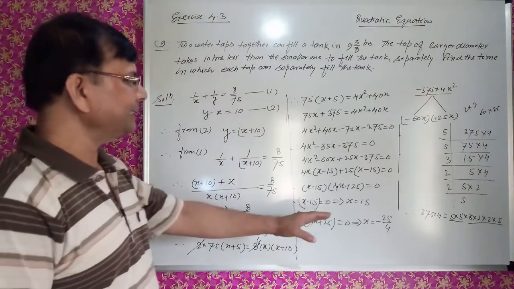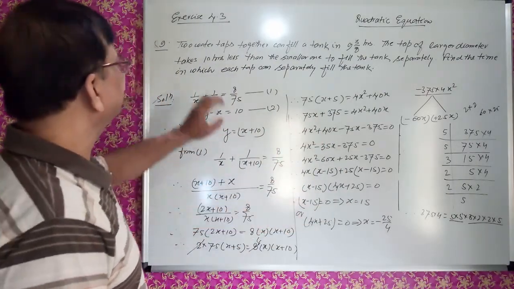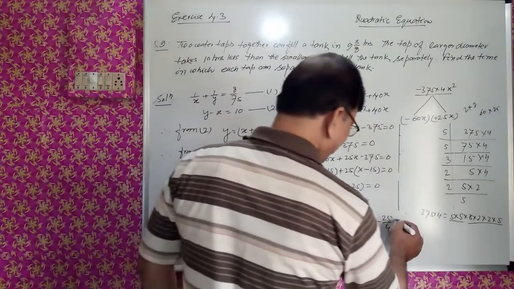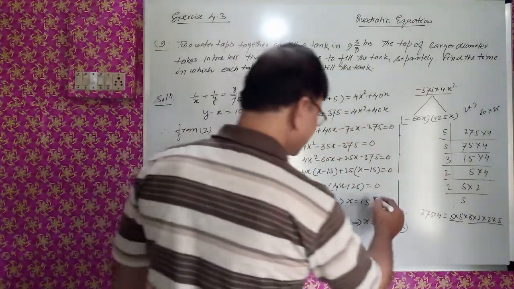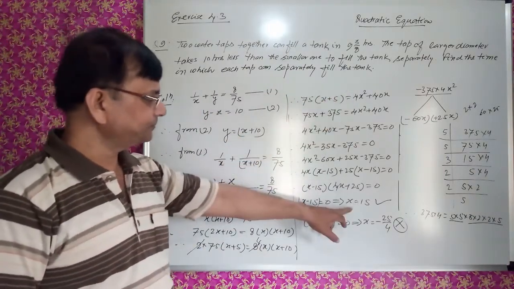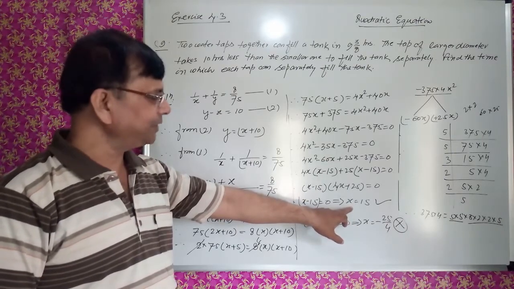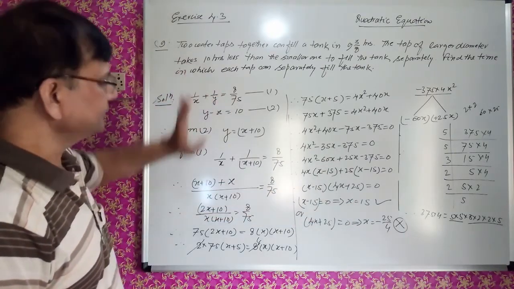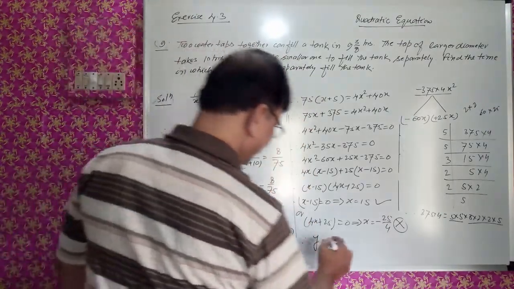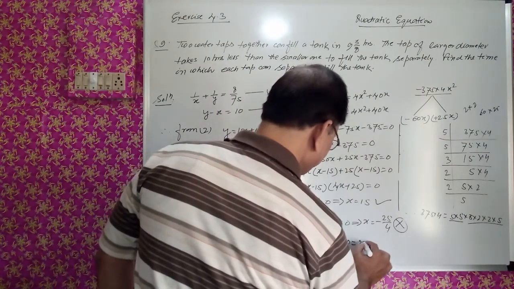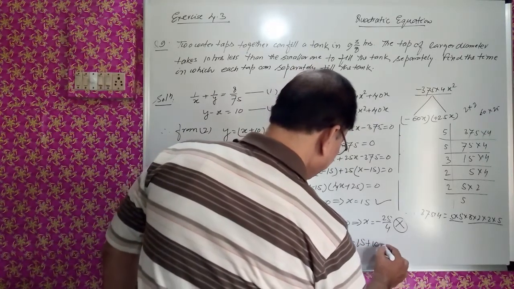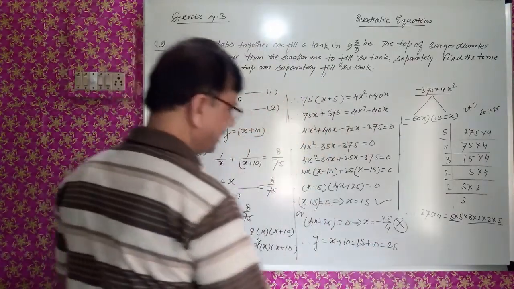So x, what is x? Time taken by the tap of larger diameter. So this cannot be, time cannot be negative. So this is the right answer for the time taken by the tap with the larger diameter, and therefore y is equal to how much? x plus 10, that is 15 plus 10, that is equal to 25 hours.